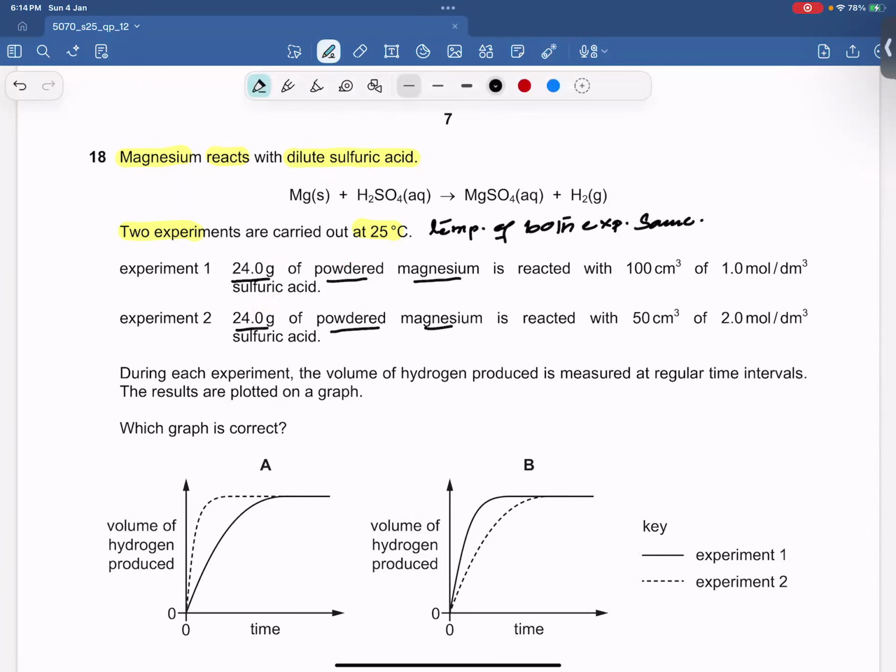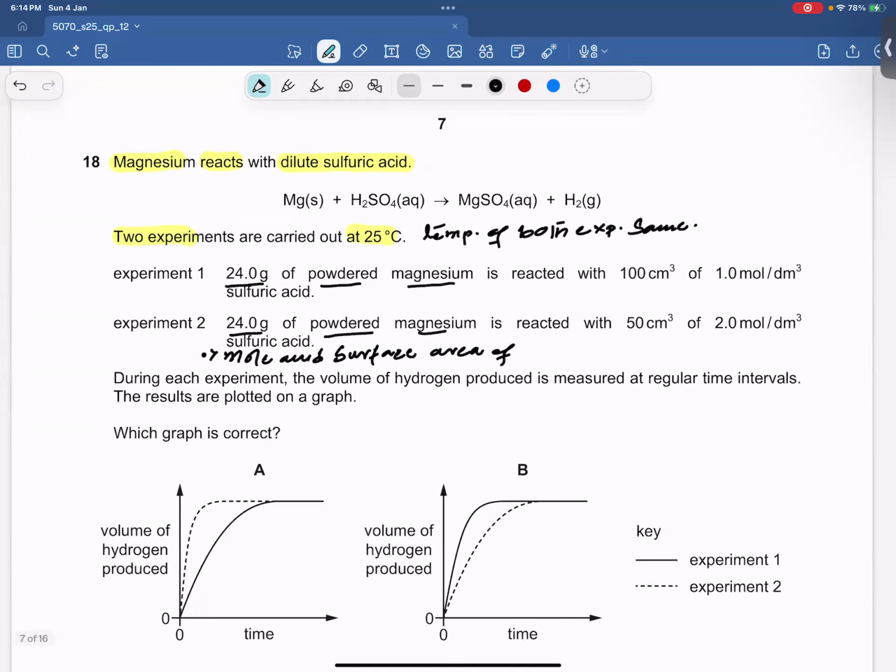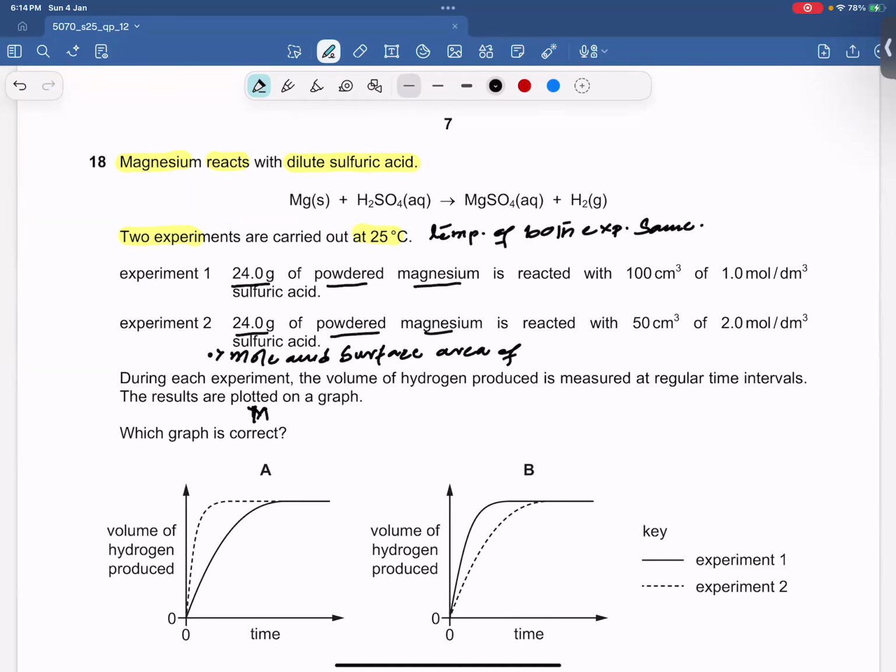So moles and surface area of magnesium are the same. Now the next is reacted with 100 cm cube of 1 mole per dm cube sulfuric acid. And here 50 cm cube of 2 mole per dm cube sulfuric acid.